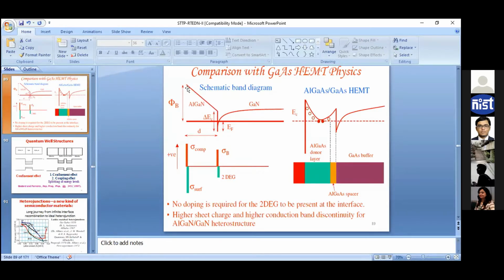This negative slope, as already explained yesterday, is simple, like the MOS concept. This side is metal, and this part is AlGaN.